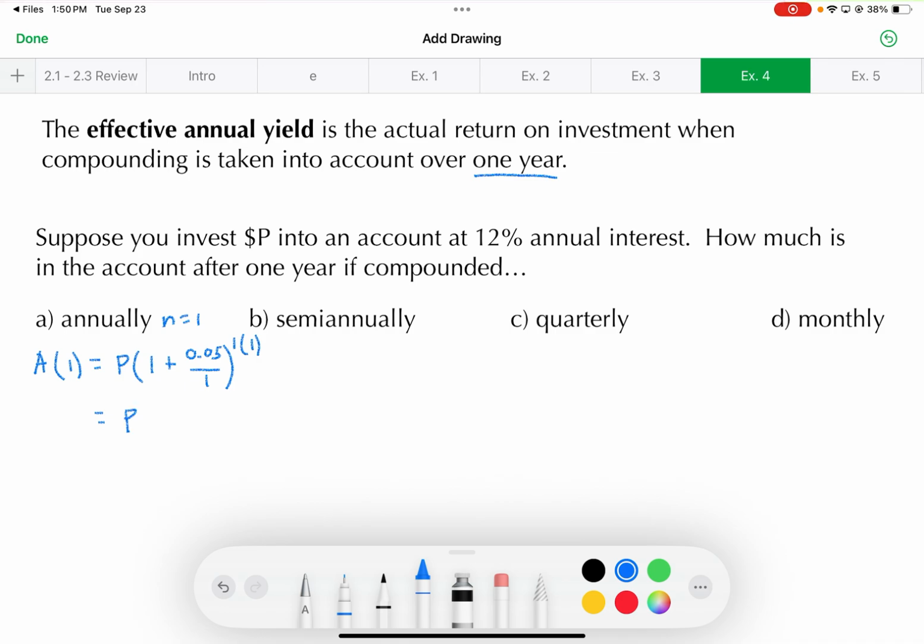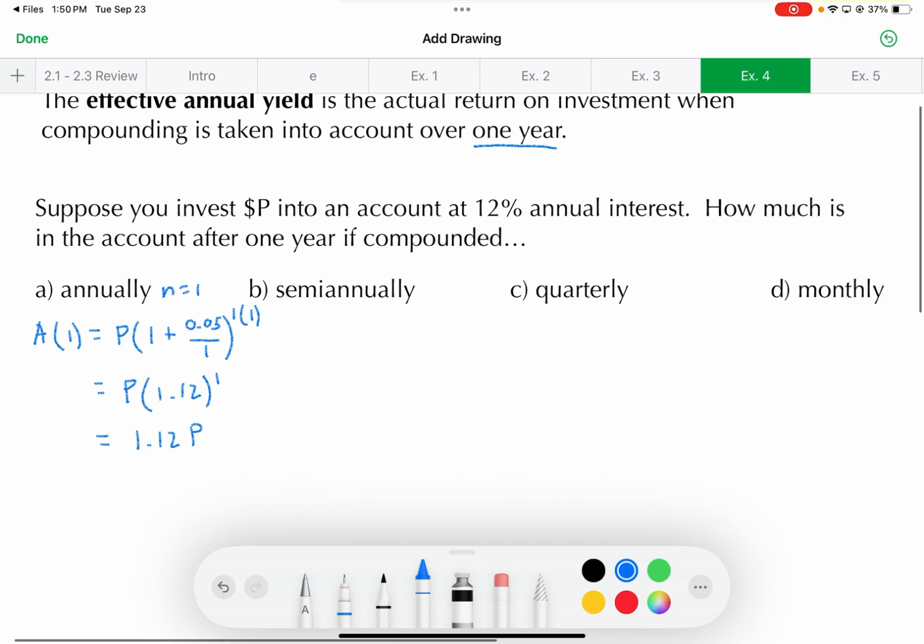Okay, now you simplify that. That would be P times 1.12 to the first power, or we're going to call that 1.12P. Okay, so the fact that P is being multiplied by 1.12 means I've got 12% interest here. As it should be, right?